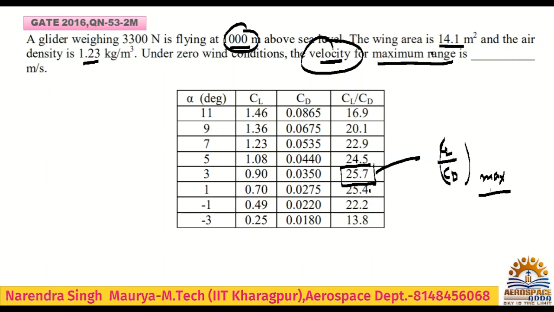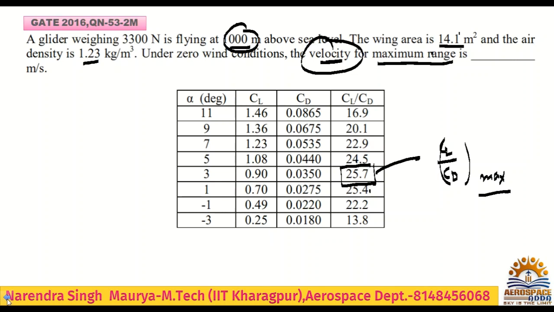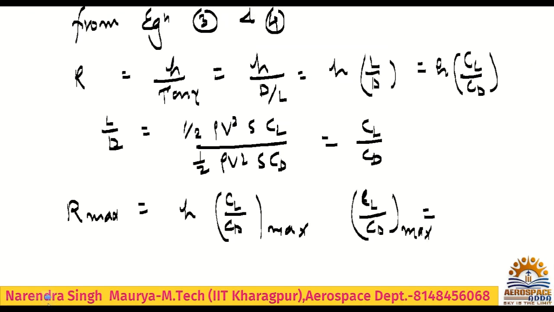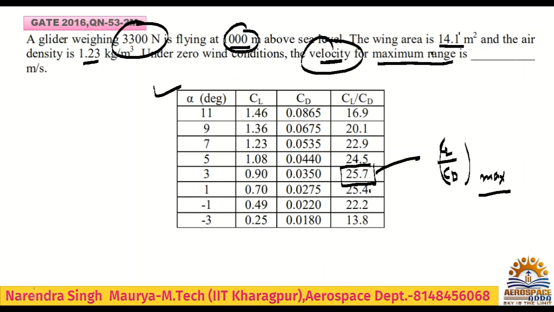Now everything is given, like area and density. So how do we calculate velocity? Weight is given, and the gliding angle in degrees is given.